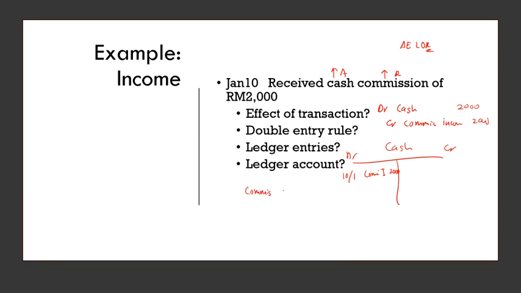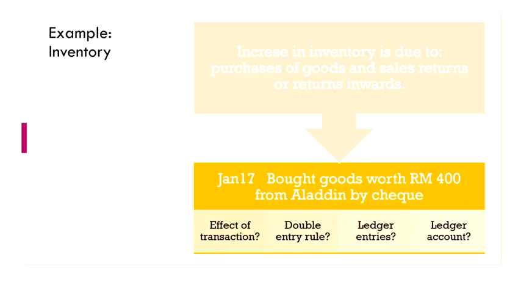Commission, buka pula commission account, commission income account. Ledger dia. Okay, so this debit side, this is credit side. So on 10 of January, since you credit, so tulis belah credit. So you can tulis cash kat particulars ni. So cash RM 2,000.